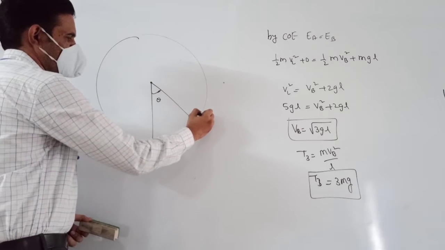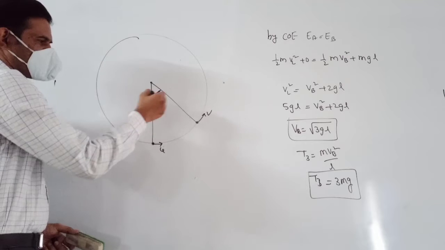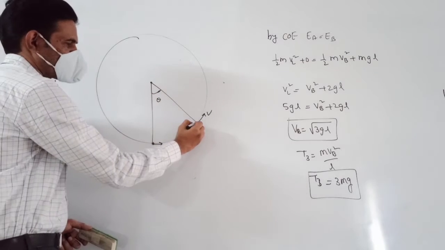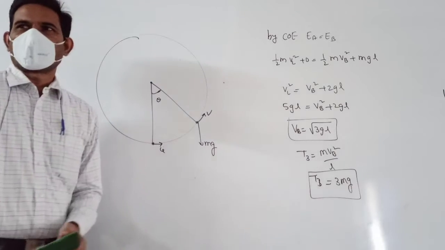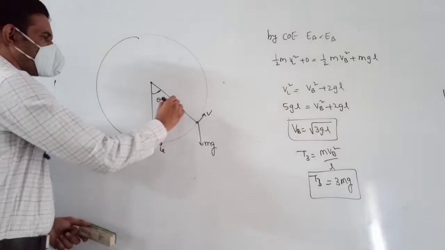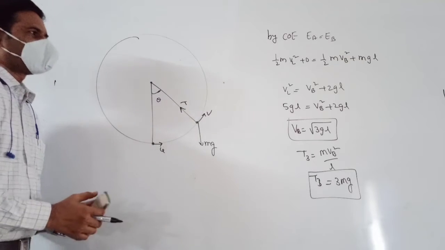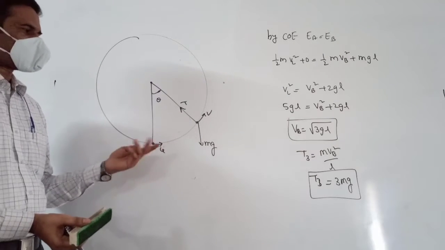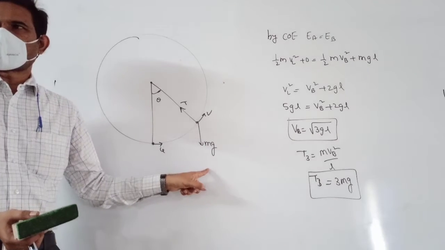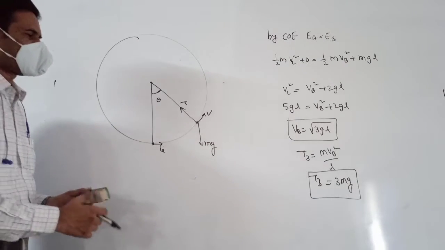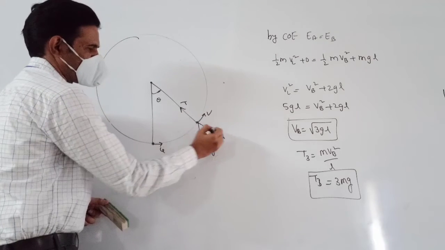Then the forces acting on this are mg in vertically downward direction and tension along this direction. Now here, in the previous cases they were in the same direction or opposite direction. Now here there is a need of resolving it into components. So let us resolve this mg into components. This angle will be theta, so this component is mg cos theta and this is mg sin theta.